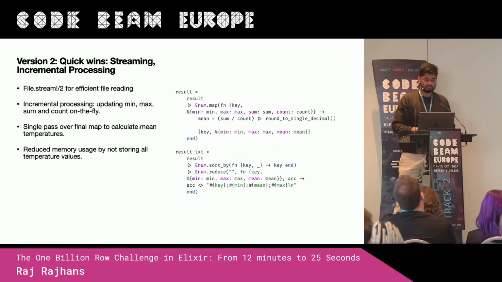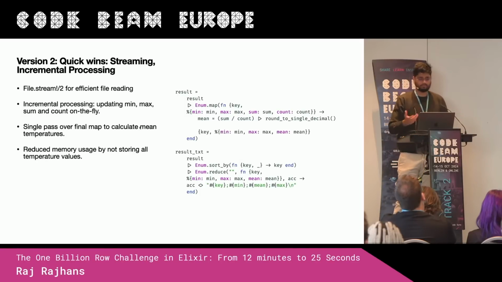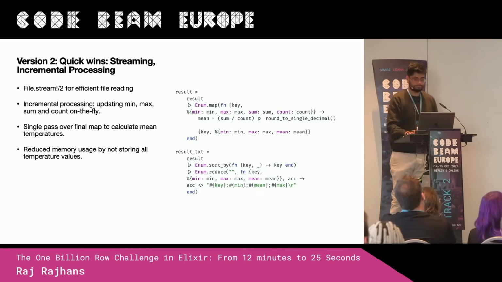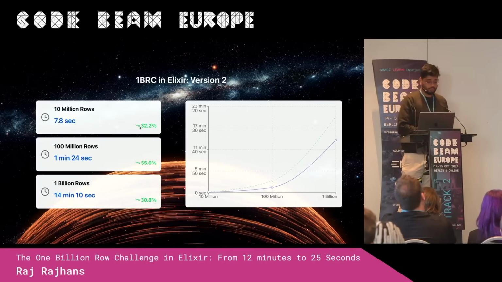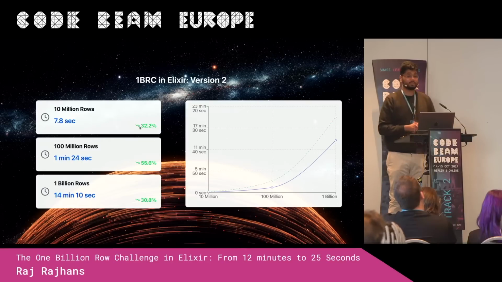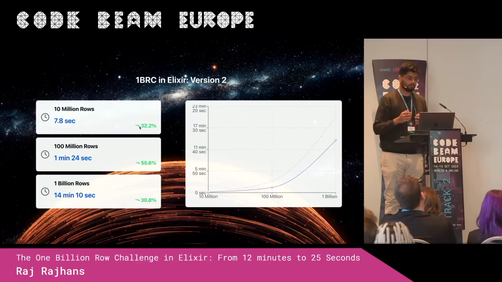After that, we do a single pass over the final map to calculate the mean using the sum and count, and then we sort it alphabetically and print out the result. This version took 7.8 seconds, down from 11.5 seconds for 10 million rows, 1 minute 24 seconds for 100 million rows, and around 14 minutes for a billion rows.